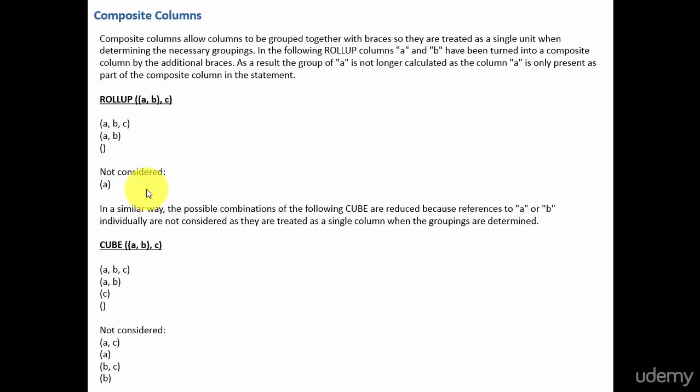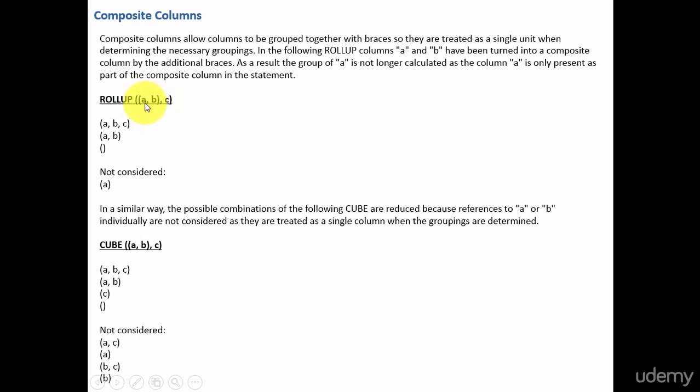Composite columns allow columns to be grouped together so that they can be treated as a single unit and perform the necessary groupings. Here you see ROLLUP of, instead of mentioning A, B, C, what did we do?